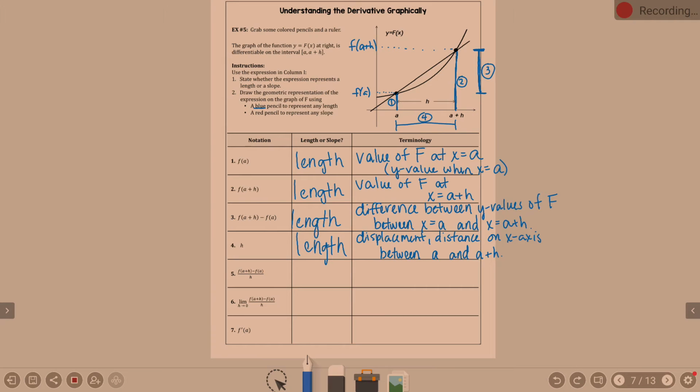Well, think about this. F of A plus H minus F of A. And if you remember, we looked at one point that this H is actually A plus H minus A, isn't it? And so that just becomes H. So this is essentially slope, which means I need to change colors and quit using blue, because it's a slope.